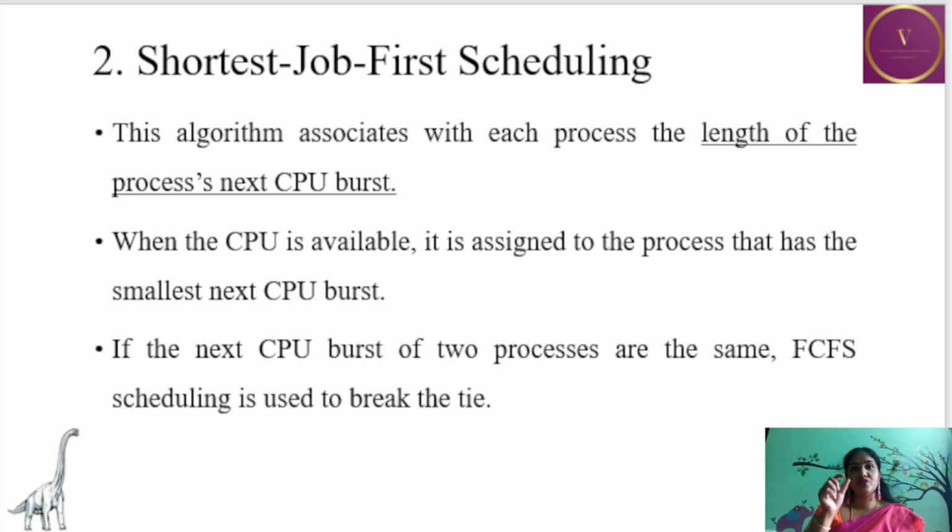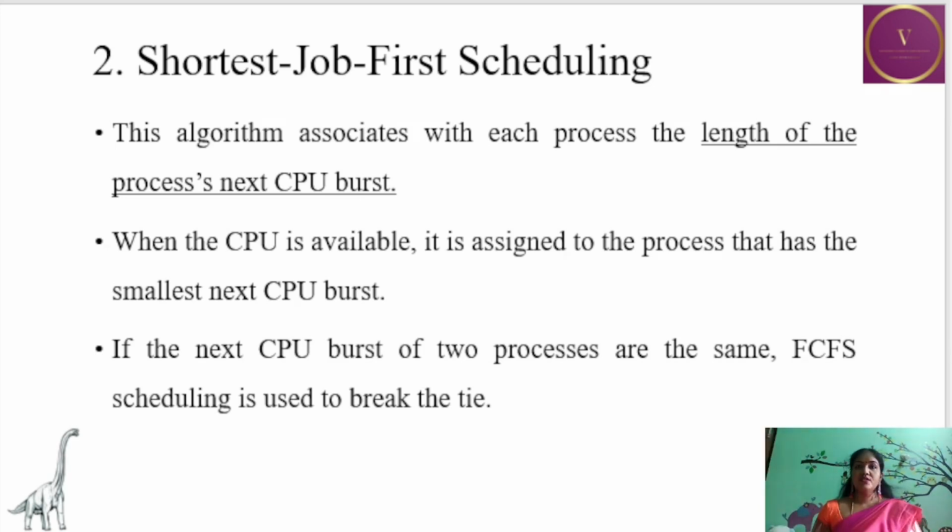CPU burst means the shortest time requirement, the shortest utilization of the CPU. The job which requires the CPU for a shorter period of time will be given the first preference. So when the CPU is available, it is assigned to the process that has the smallest next CPU burst.